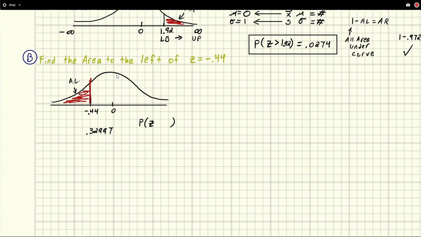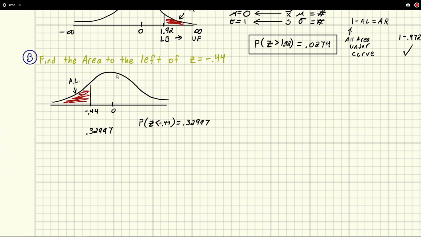So there's no equals to included for the line. It's always less than, right? So these values will always be less than negative 0.44. So we put less than. The alligator would rather eat anything but the z. It's less than that, and we put negative 0.44. We say that this probability is the same thing as 0.32997. They're equal. So there you go. This is the chart method.